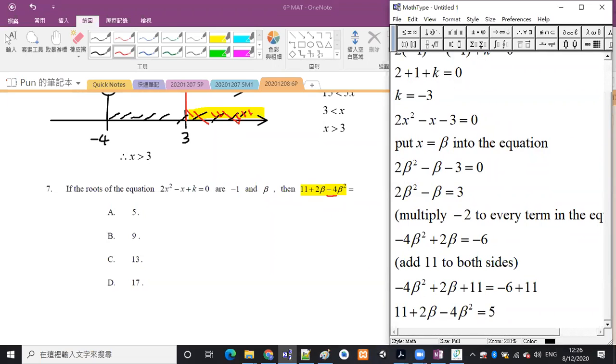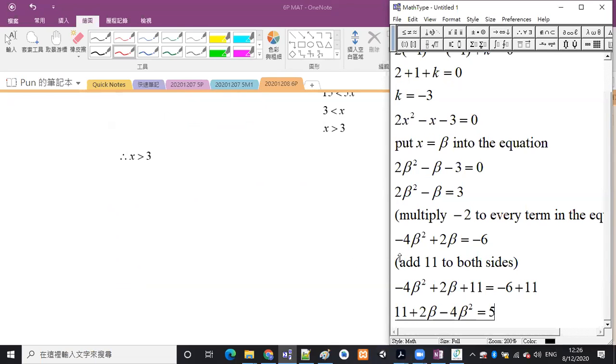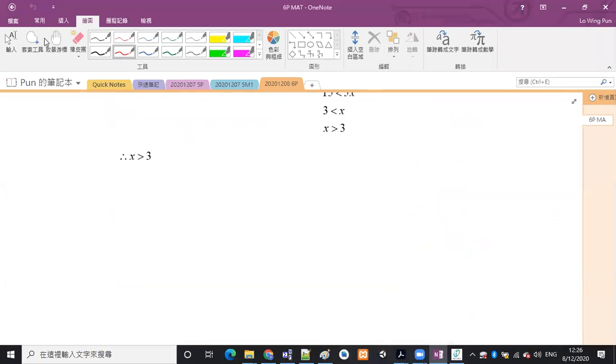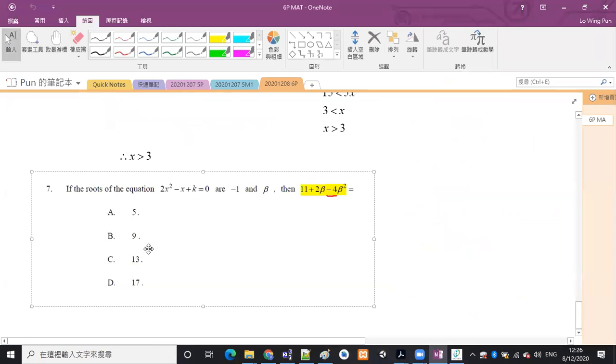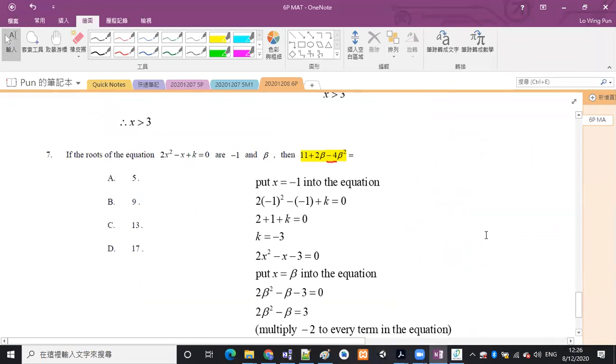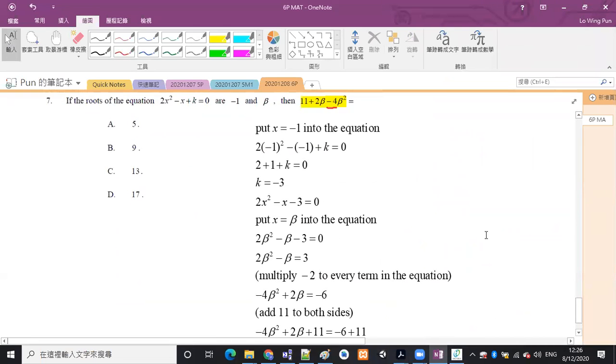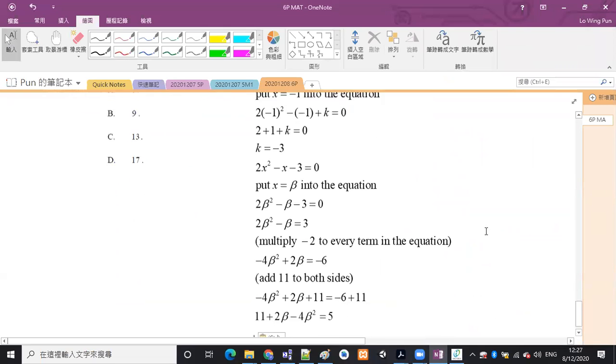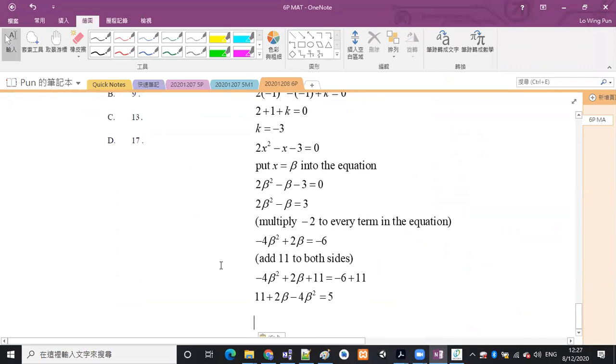Okay, so the answer is 5. Option A. Can you get this? We have to build the expression from the question. Is it okay this time?